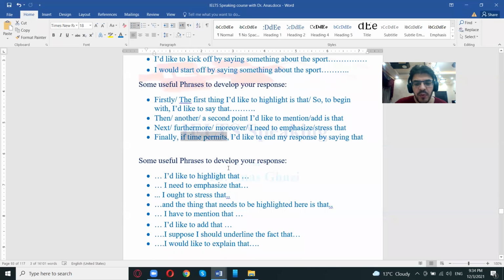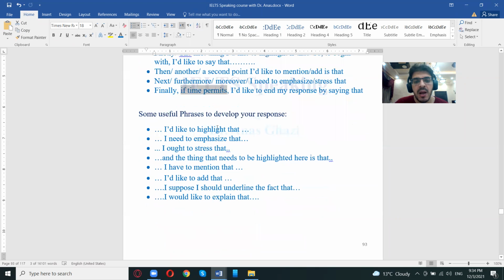Okay, or some phrases to develop your response. I'd like to say, highlight, mention, emphasize, stress. The thing that needs to be highlighted. Mention, add, underline, explain. There are a lot of expressions to use.